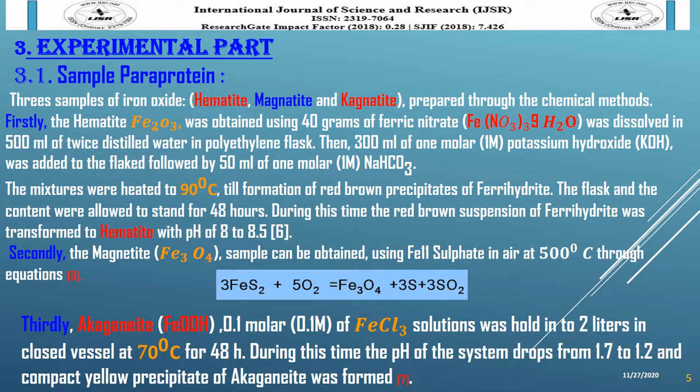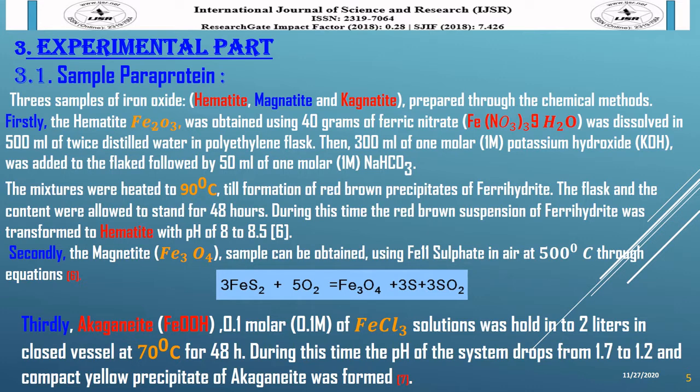Then 300 milliliters of 1 molar potassium hydroxide KOH was added to the flask, followed by 50 milliliters of 1 molar NaHCO3.